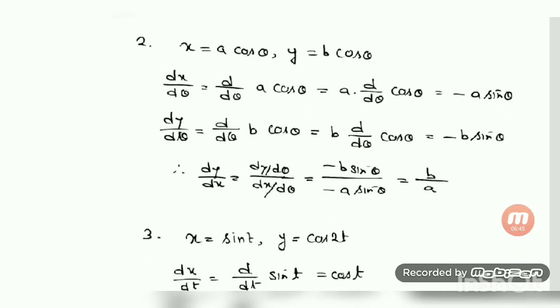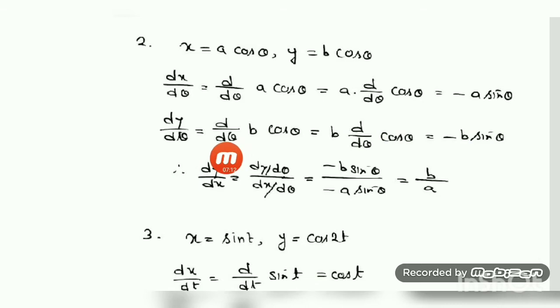Let us do the next question, number 2. Your x is equal to a cos theta and y is equal to b cos theta. Okay? So here the parameter is theta because both of them are functions of theta. So d/d theta of x equals d/d theta of a cos theta. a constant comes out. d/d theta of cos theta is equal to what? Minus sin theta.